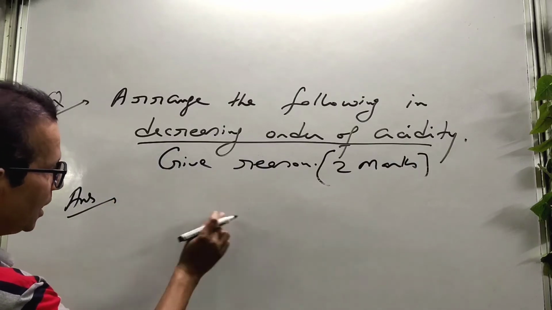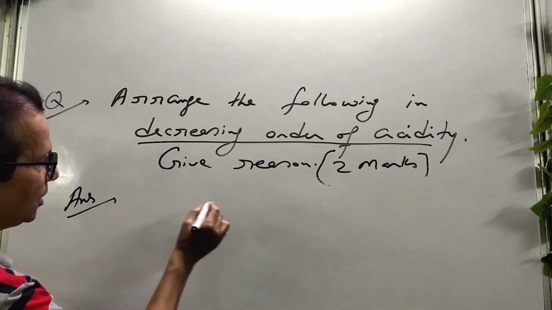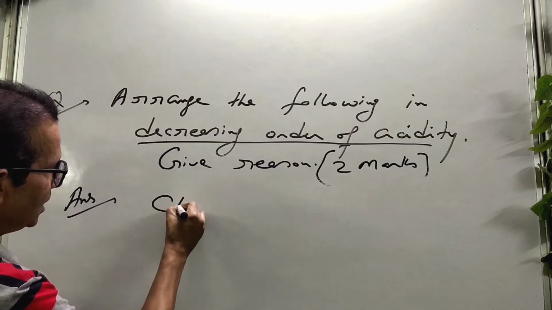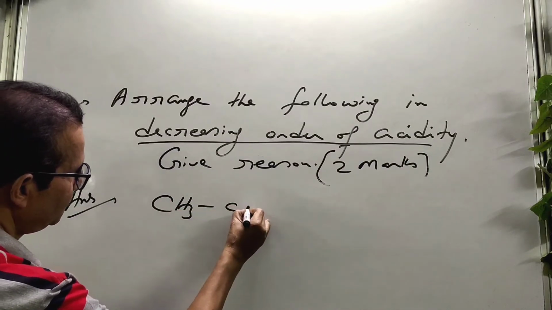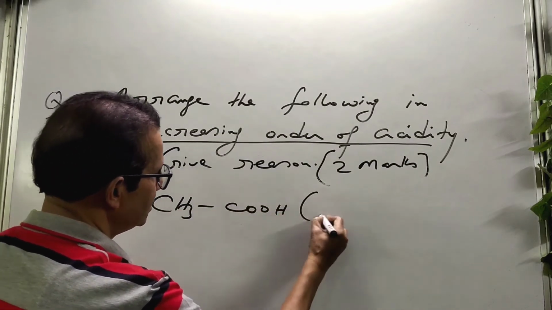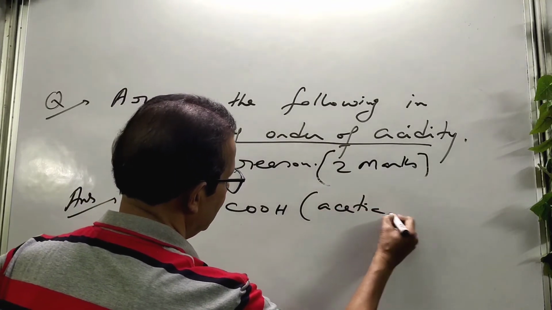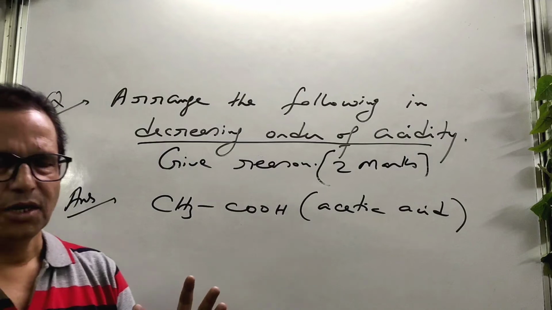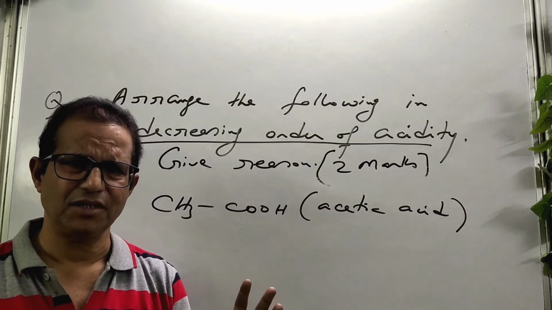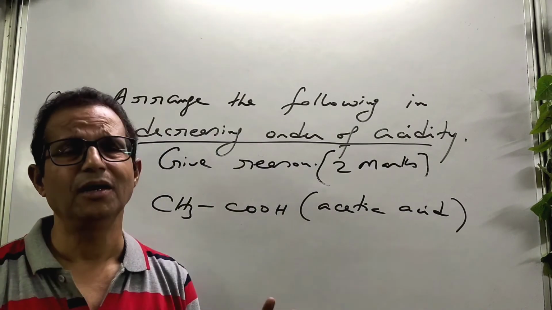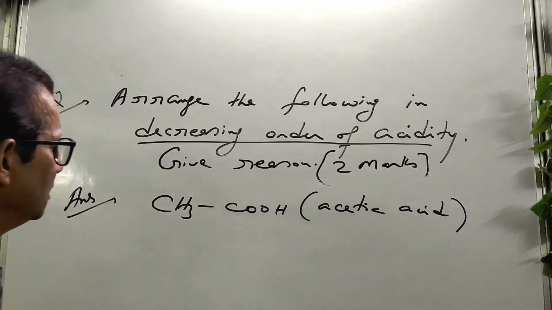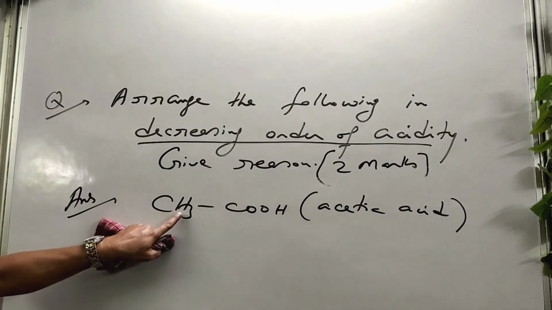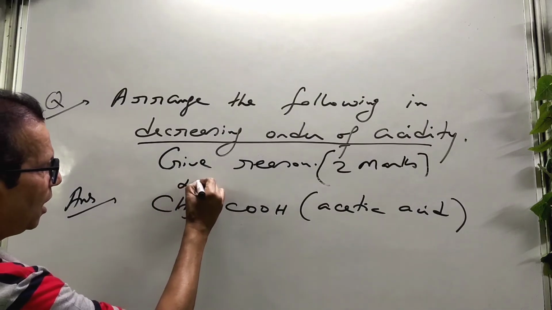Now, trichloroacetic acid. Don't write, listen. This is acetic acid. Follow the technique, okay? Organic chemistry is only technique. No need to mug up. In acetic acid there are 3 hydrogen atoms. These are called alpha hydrogen, okay?